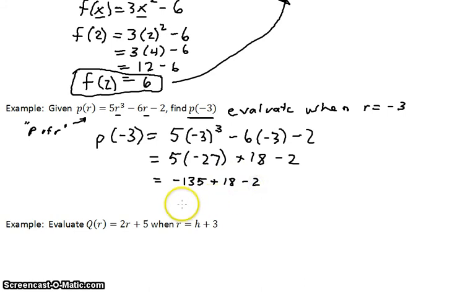And if you combine all of those together, you get -119, I believe. So your function at -3 is equal to a -119.